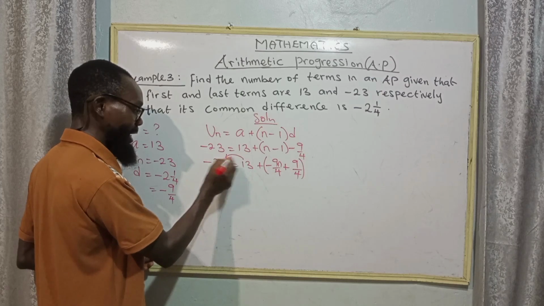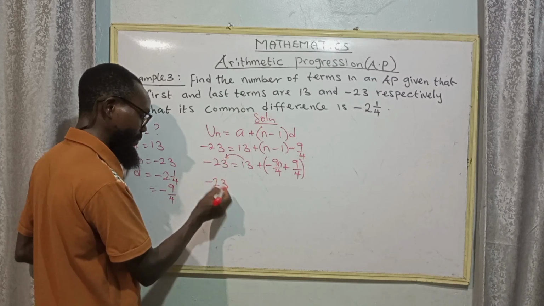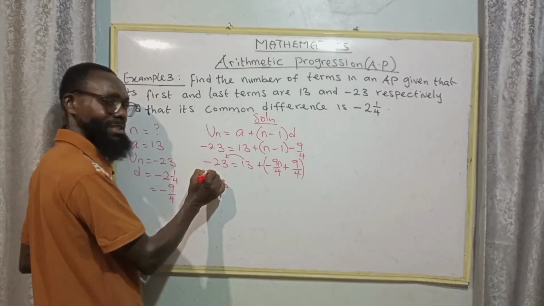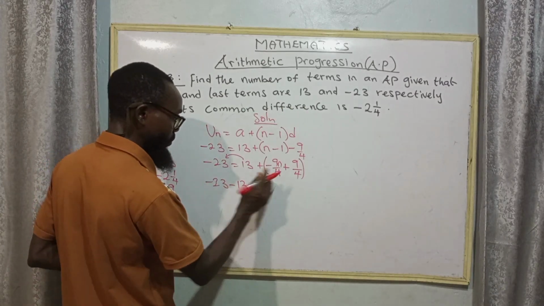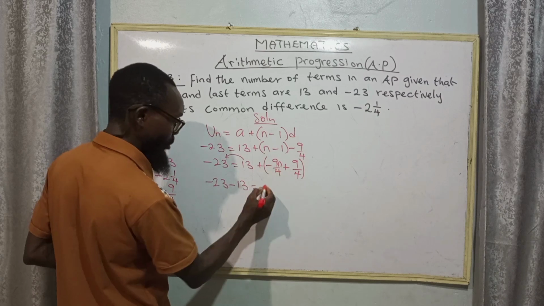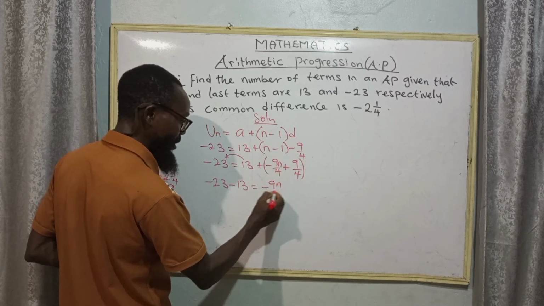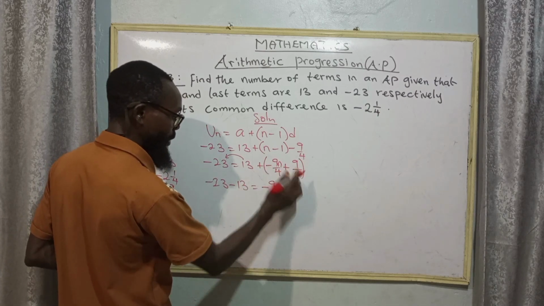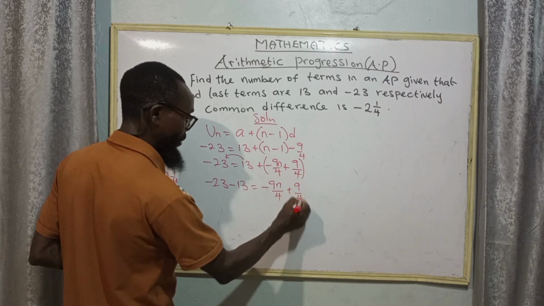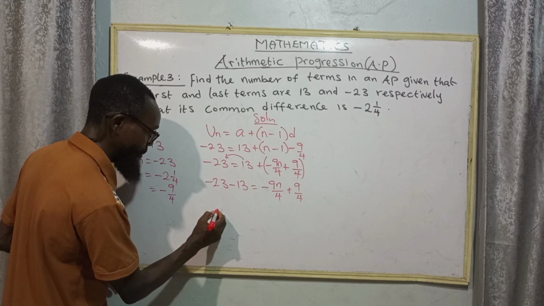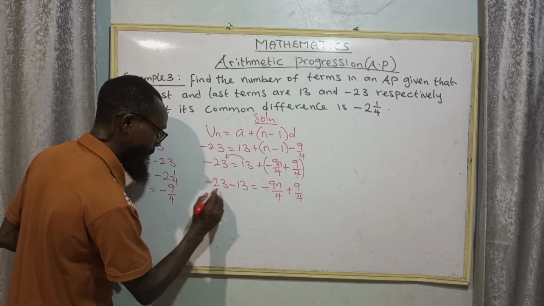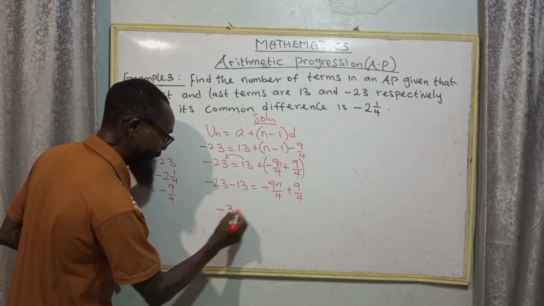Let me take this one here, 13. When it crosses the equals sign, it changes to minus 13. So minus 23 minus 13 equals minus 9n over 4 plus 9 over 4. Now minus 23 minus 13, I have minus 36.